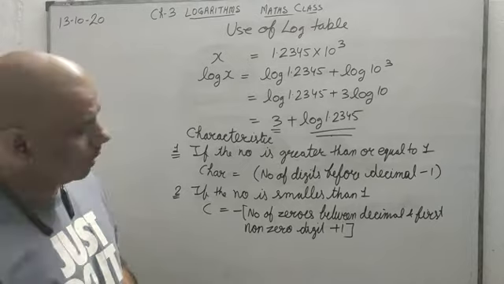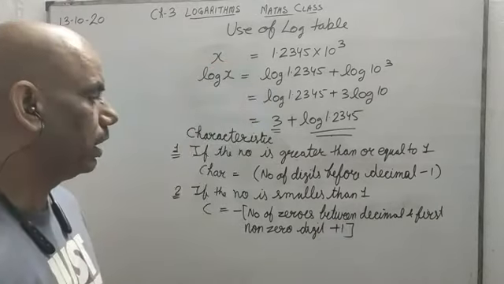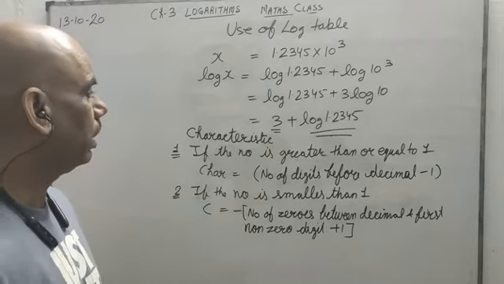Number of zeros between the decimal and the first non-zero digit plus 1. So this way we will get the characteristic.